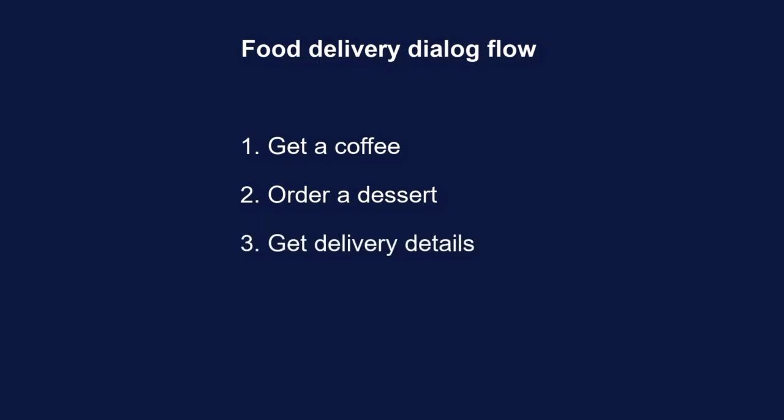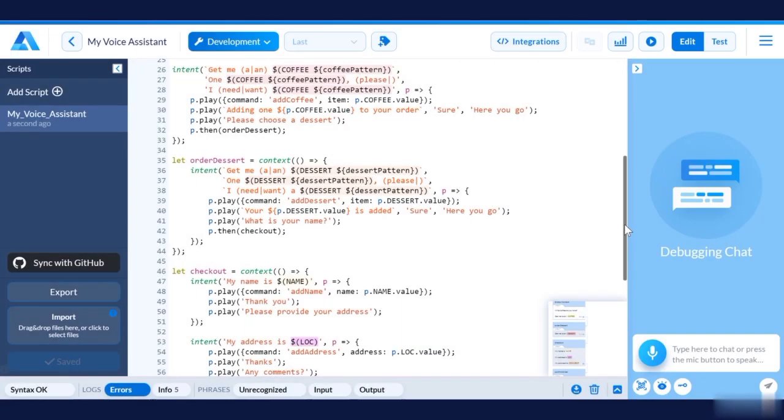Now we'll create a branch dialog with a rigid order of steps. First, the user gets coffee. Next, they'll order a dessert. Then we'll get the delivery details. And finally, the order is confirmed. To achieve it, we'll organize our dialog like this.